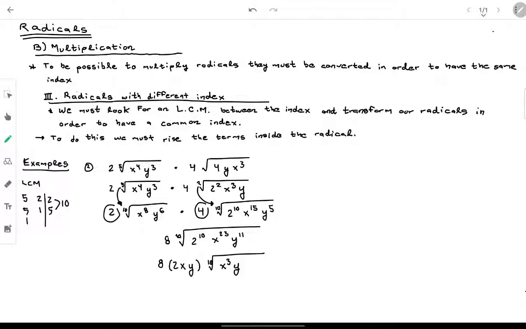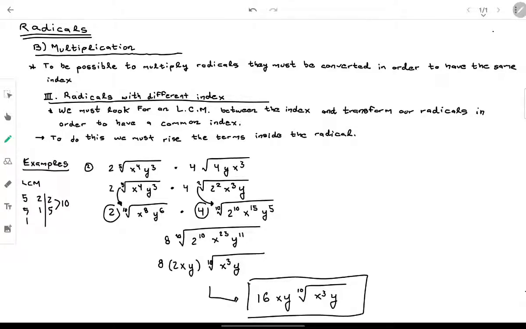The remainder is 3. 11 divided by 10 is not an exact division. The remainder is 1. So our final answer on this one should be 16xy that multiplies the 10th root of x cubed y. And this is my final answer.